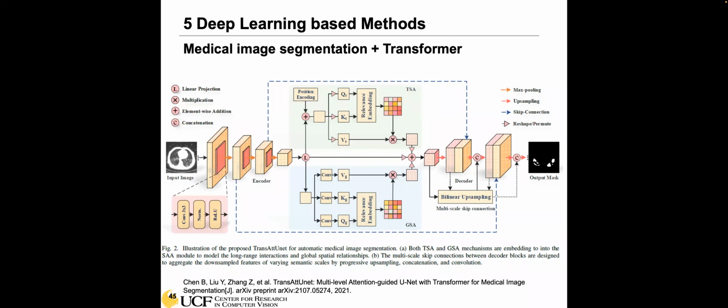Okay, so that's all for image segmentation. Basically, I think UNet is still considered the predominant architecture used in medical segmentation. The reason UNet is so popular and successful is that the design is quite simple.